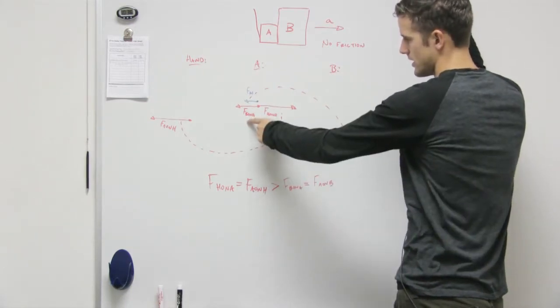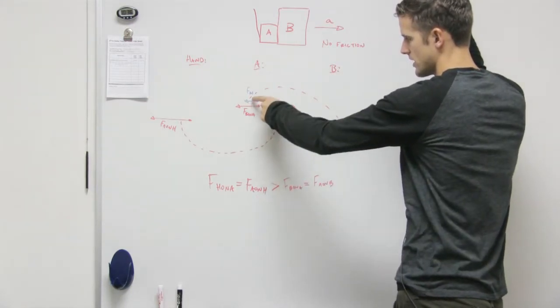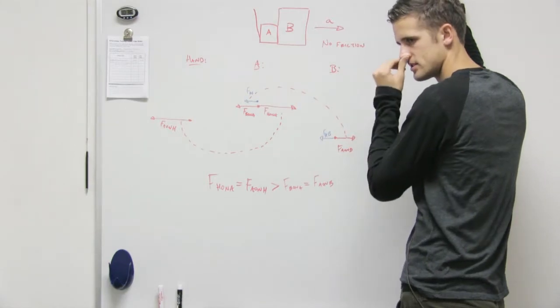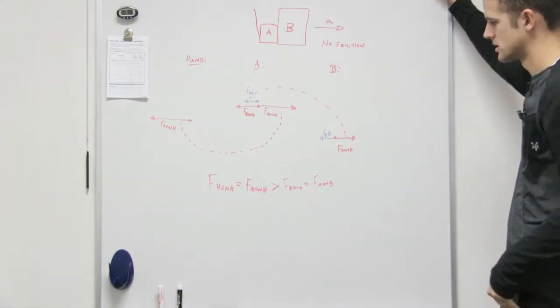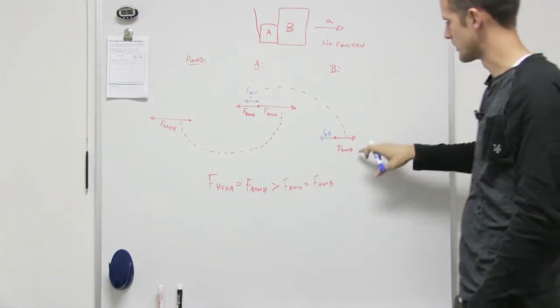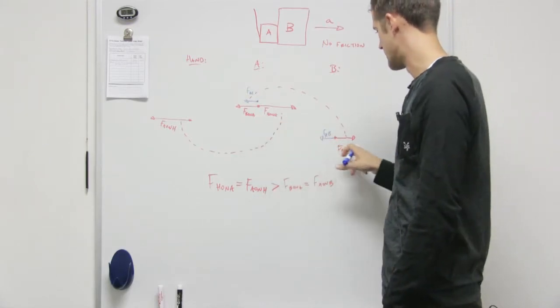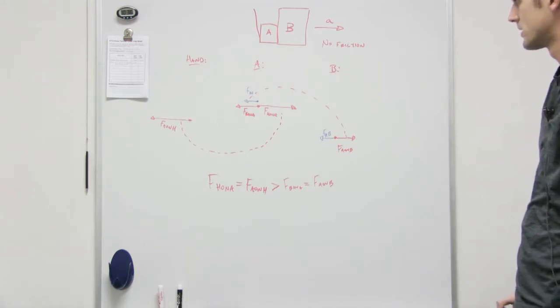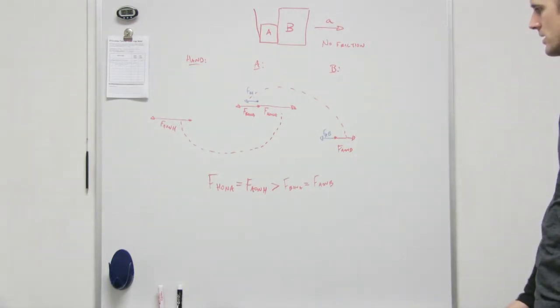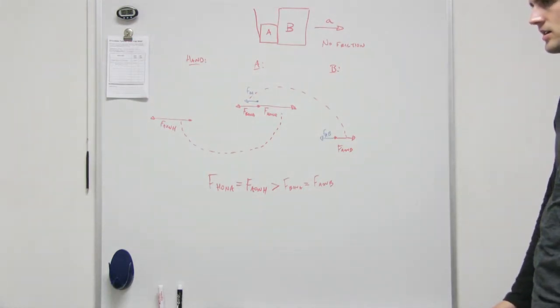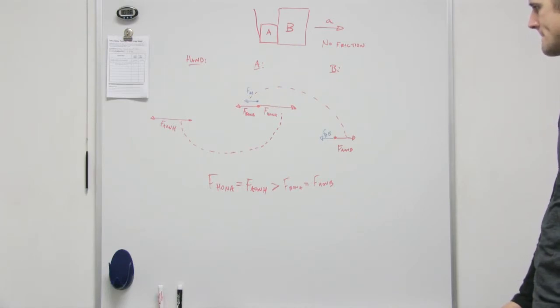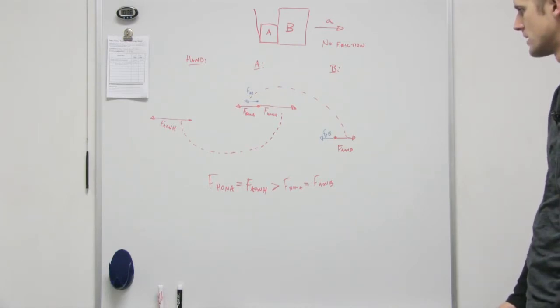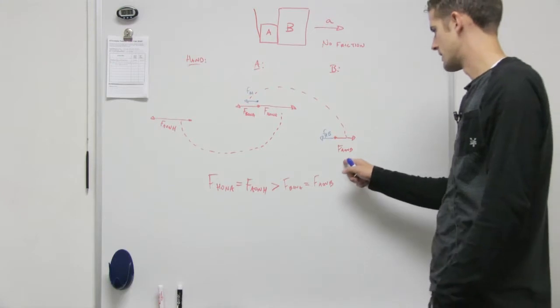Do we know whether or not this force is greater than our friction? Which force? F A on B. The F A on B would be greater, because it's accelerating.